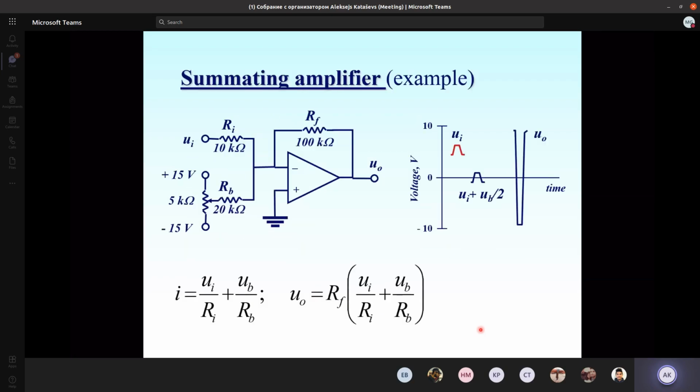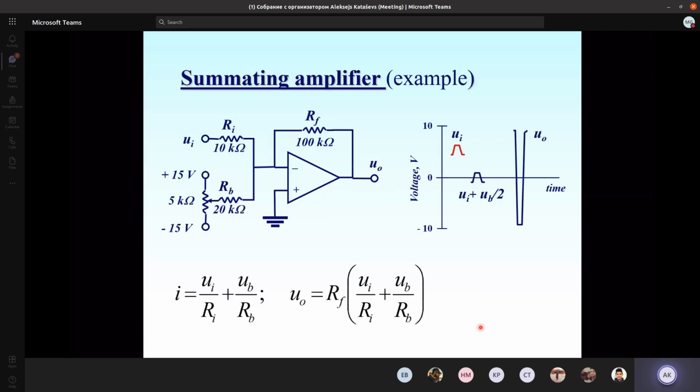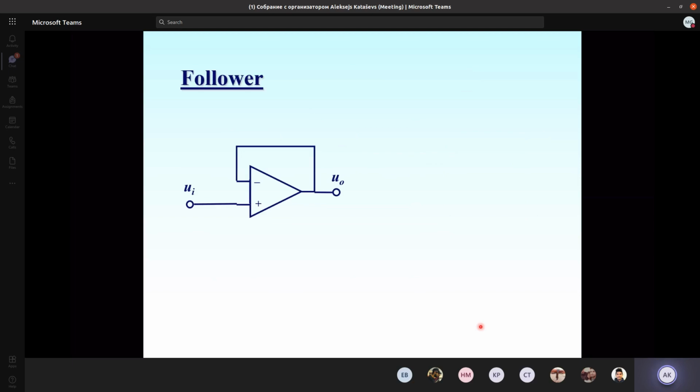Another example: we discussed how we could modify the inverting amplifier to get a summating amplifier, and we discussed a little bit the reason to use a summating amplifier. It's one example of why we do this. And now let's consider another example of the amplifier.